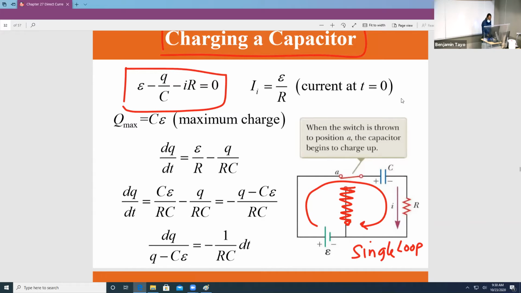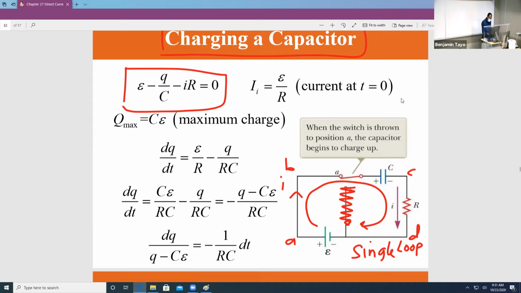So call this point A, point B, point C, point D. As you go in this direction, if you write down all the changes in the voltages, let's say there's some amount of current I that is flowing.